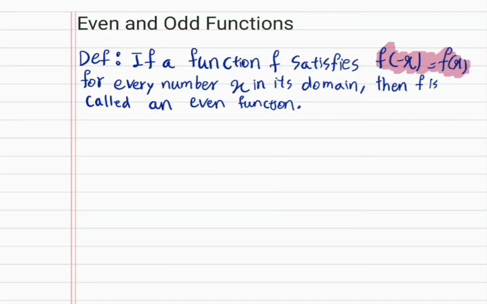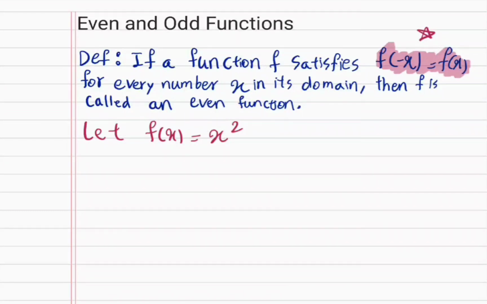Okay, so let me give you an example so this definition makes more sense. Consider this function. Let f of x be x squared. Now let's apply this and see what will happen. Let's work out f of minus x.